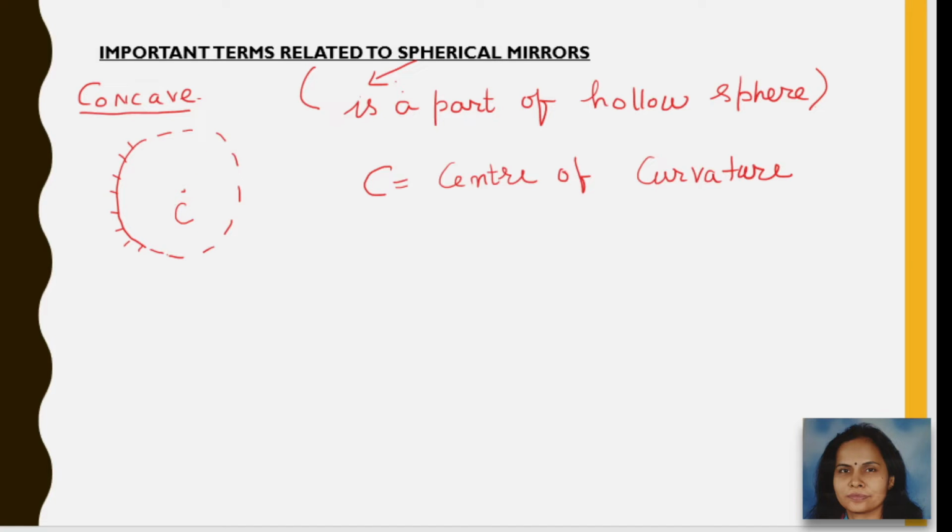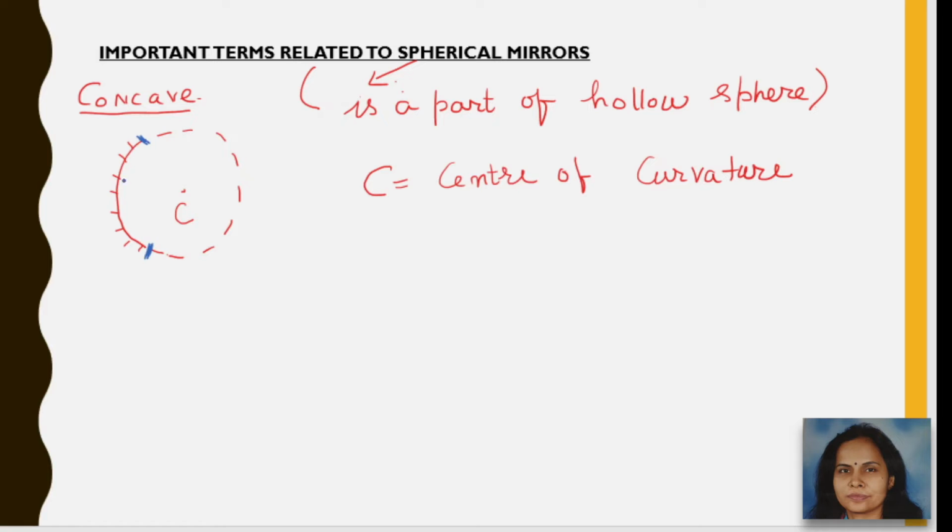One more thing about the center of curvature, as is clear from the diagram as well: this center of curvature is not part of the reflecting surface, not part of the spherical mirror. It is outside the spherical mirror, right? Now this is the reflecting surface, and the solid line is only the spherical mirror.